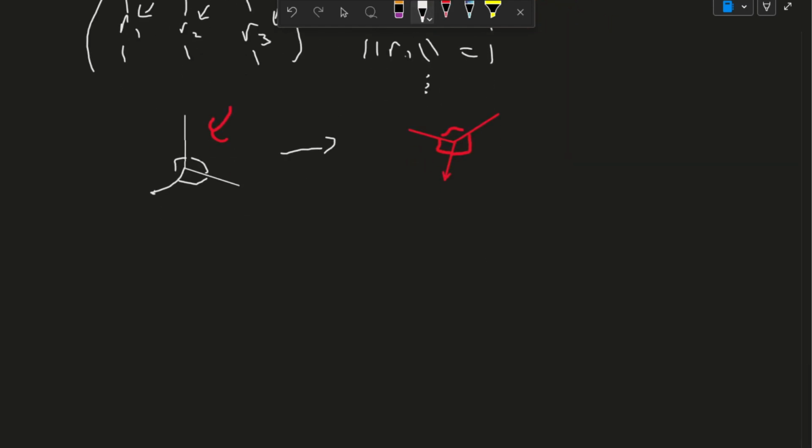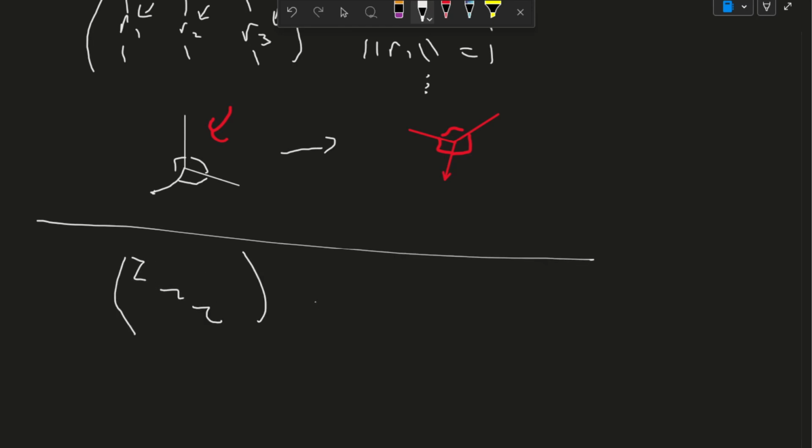Because if I take, for instance, the matrix 2, 2, 2 with zeros everywhere else, this is just going to make everything 2 times bigger. So it'll just take a vector like this, and it'll send it to a vector like this, right? So this isn't a rotation. It does preserve angles, so it's almost a rotation, but it makes things longer, so it's not a rotation.